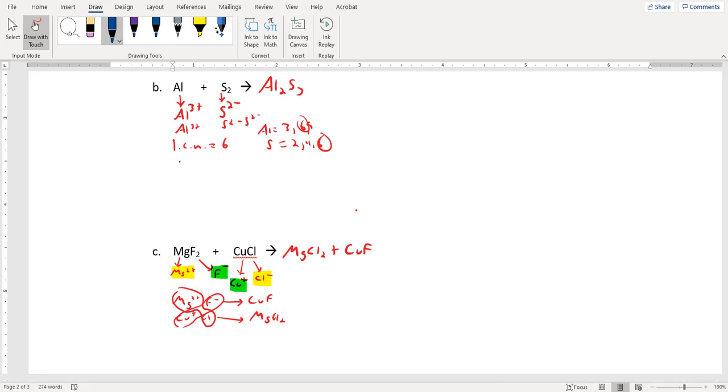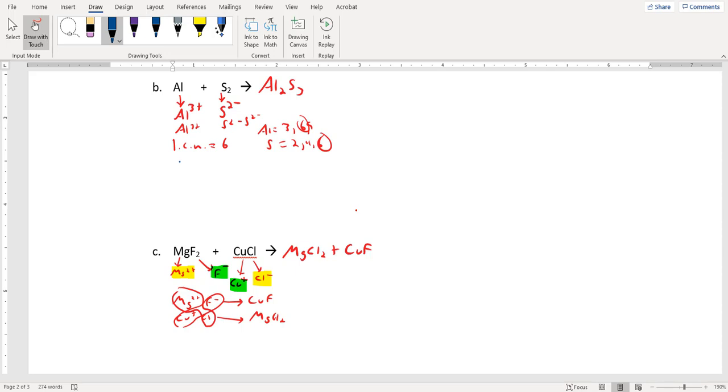Now, instead of breaking everything down by atoms, in my opinion, it's better to break it down by ions. So this is where we count the number of ions. That just makes it a little bit easier, especially when we get into polyatomic ions. You'll have the same results as the atoms.